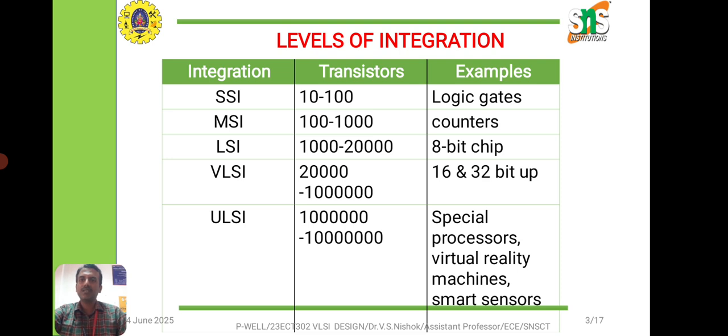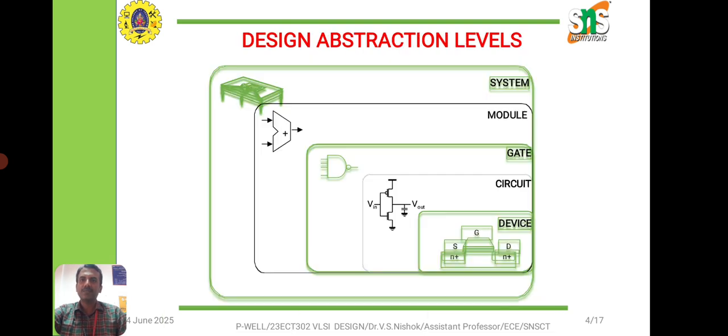That is the main concept behind IC classification. And then ultra large scale integration, with about 10 lakh transistors, is used in special purpose computers, virtual reality machines and smart sensors. So these are the different levels of integration of IC.